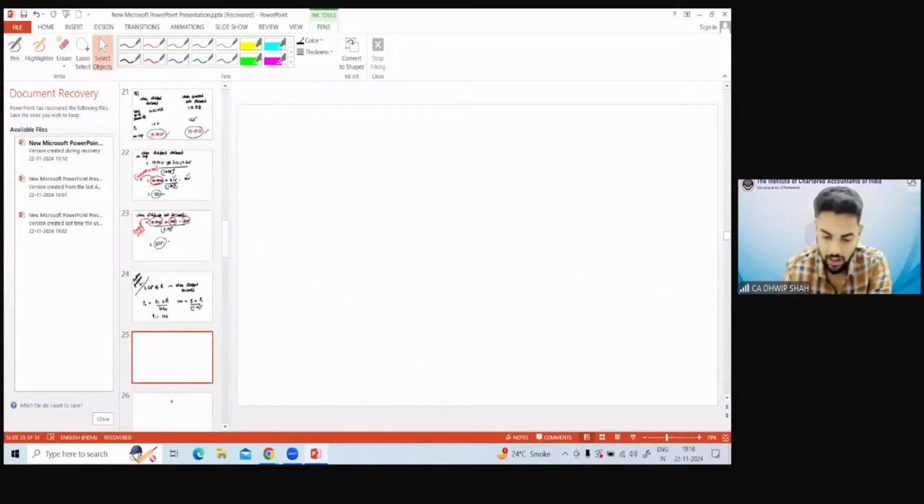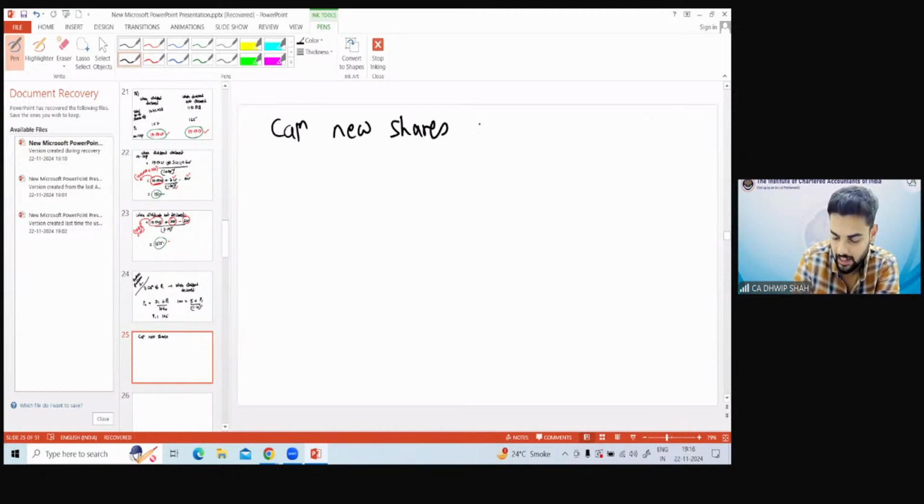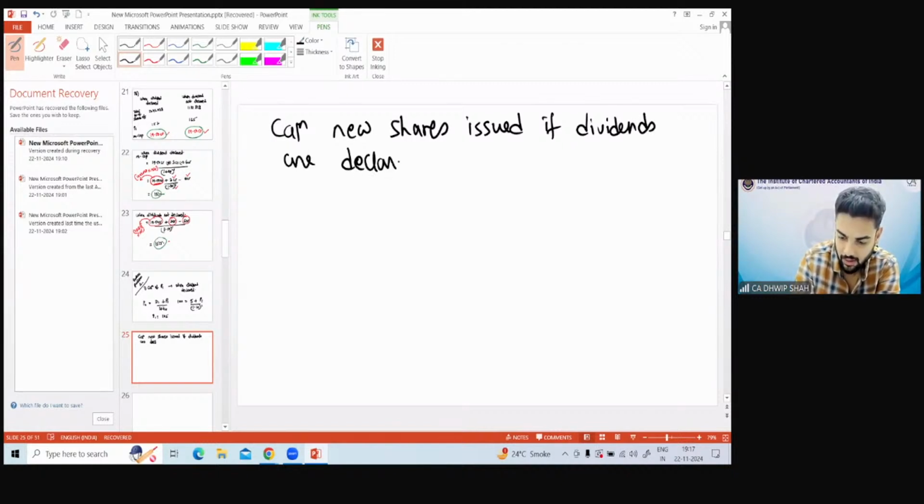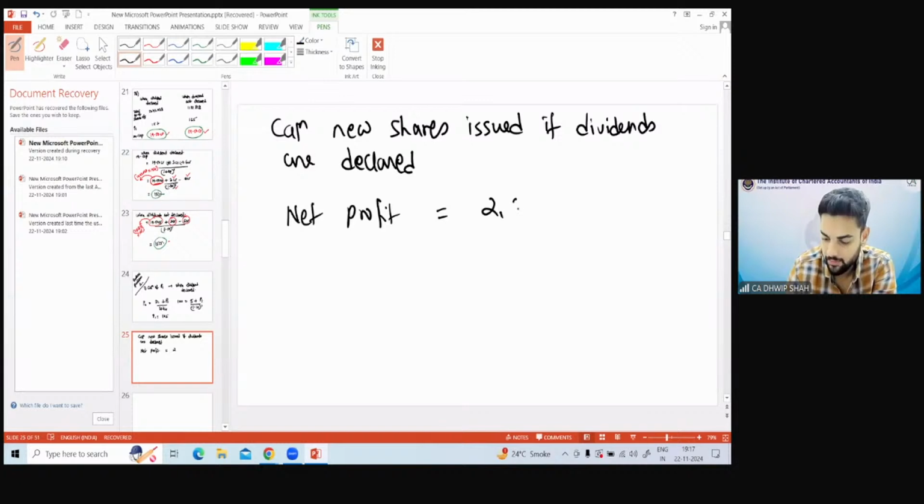Now let's calculate new shares to be issued if dividends are declared. Can I say my net profit is 2,50,000, but the entire amount of profit I would not be able to use. Why? Because I have to pay the dividend from this profit. Less dividend paid.